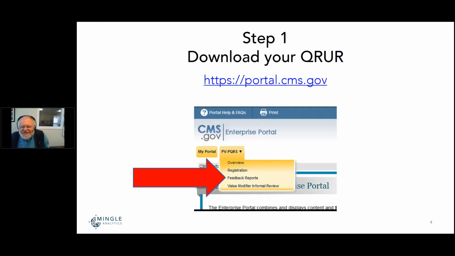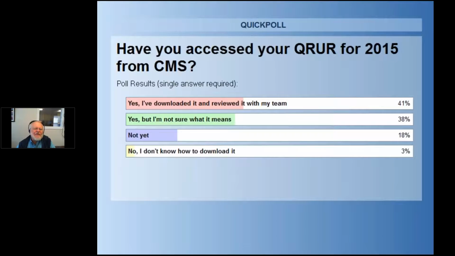Great. Now, before I leave this slide, let me point out that when you sign into your portal, go to the indicated link for feedback reports. Your QRUR reports, the various QRUR reports should be available there. The PQRS feedback report should be there.